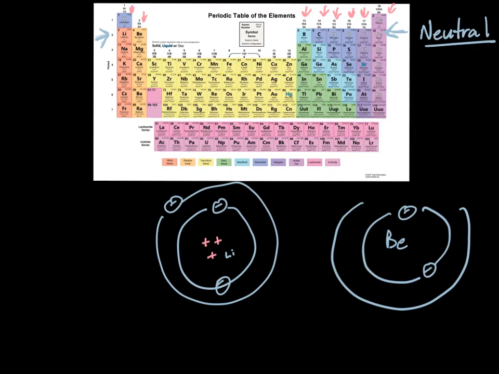So if you have plus 4 in the center, let me go ahead and draw that because I didn't draw it. 1, 2, 3, 4. I have plus 4. I have to have how many electrons? I hope you said 4. So 1, 2, then 3, and 4. So you have 4 electrons, 2 in the first energy level.